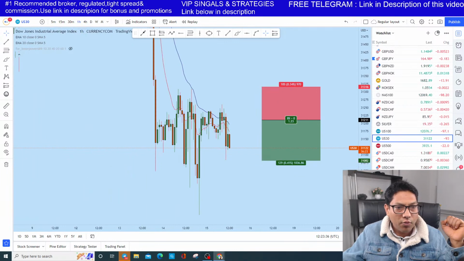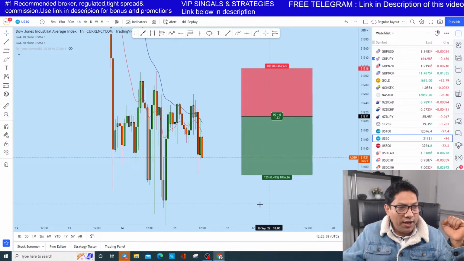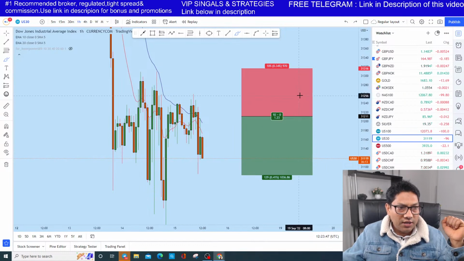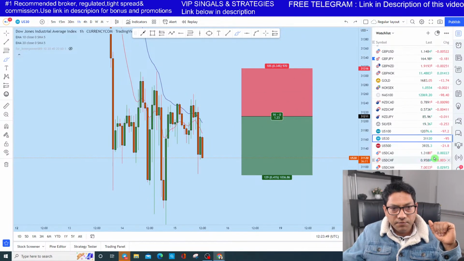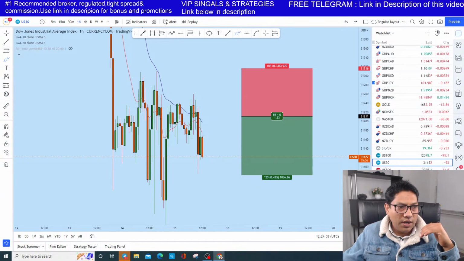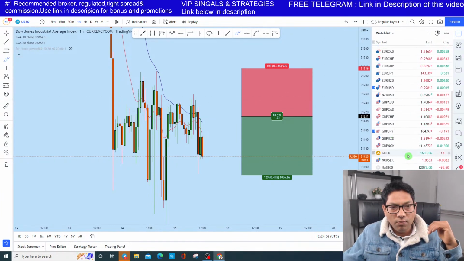On US30, our profit target is at 3108, and I hope that during this news we'll have a hit on profit target, and that is the only thing that will keep the trade running. Guys, thank you very much for your patience. The internet connection had a little bit of an error, but finally, thank you very much. Everybody can see me, I can also see you. It was awesome, and let's go back to work.